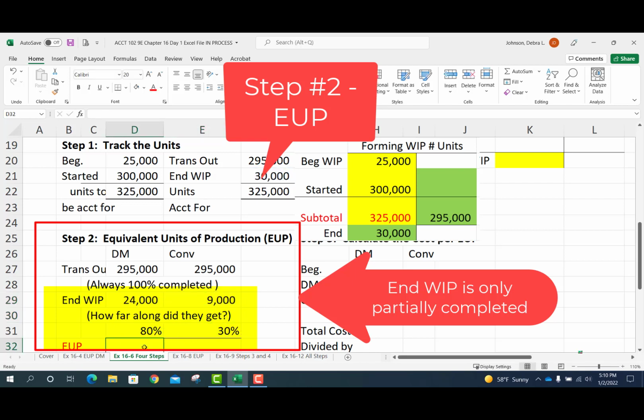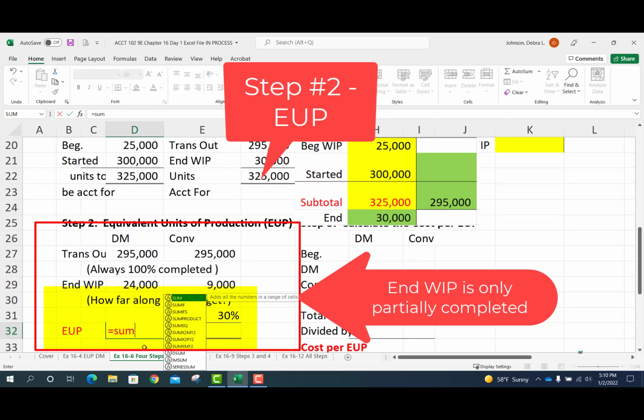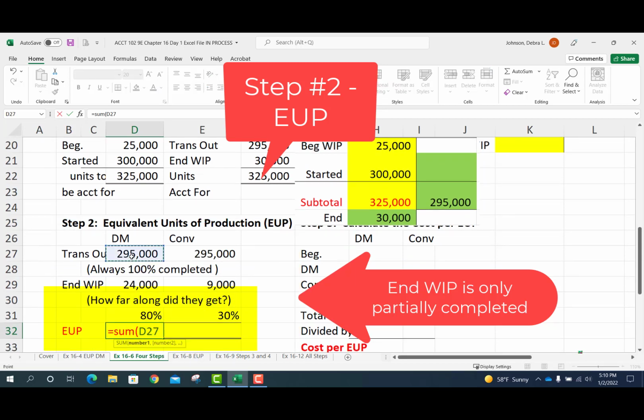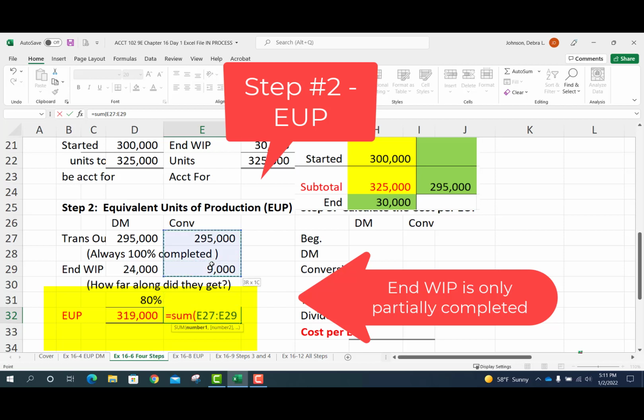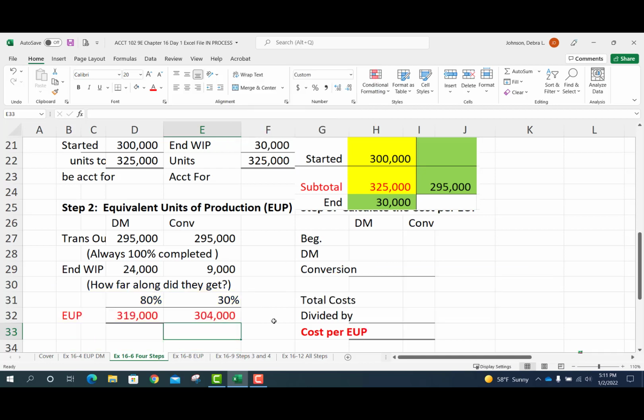Adding those items up, we can see that the equivalent units of production for materials was 319,000, and the equivalent units for the conversion costs were 304,000. Take a moment to look those items over. They are key in completing the rest of the problem. Once again, the equivalent units of production is the number of units they could have completed had they focused their efforts from start to finish.